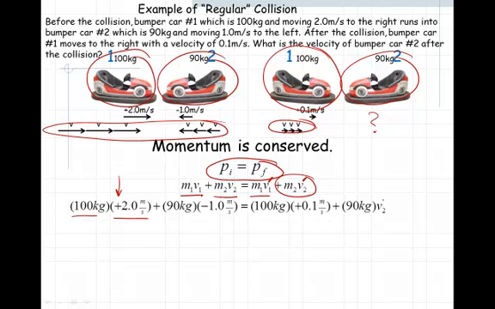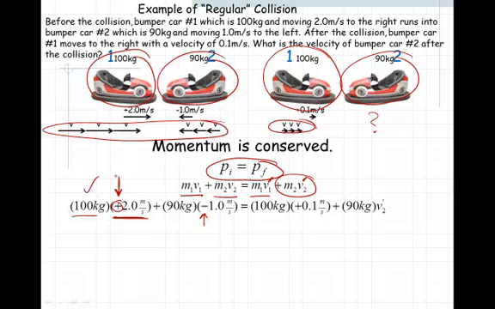So for our momentums, it's important to include the directions. For the velocity, bumper car number 1 is going to the right, 2 meters per second. So that's why we include that positive sign. Bumper car number 2 before the collision is going in the opposite direction, or to the left. So we're going to include a negative sign for it.